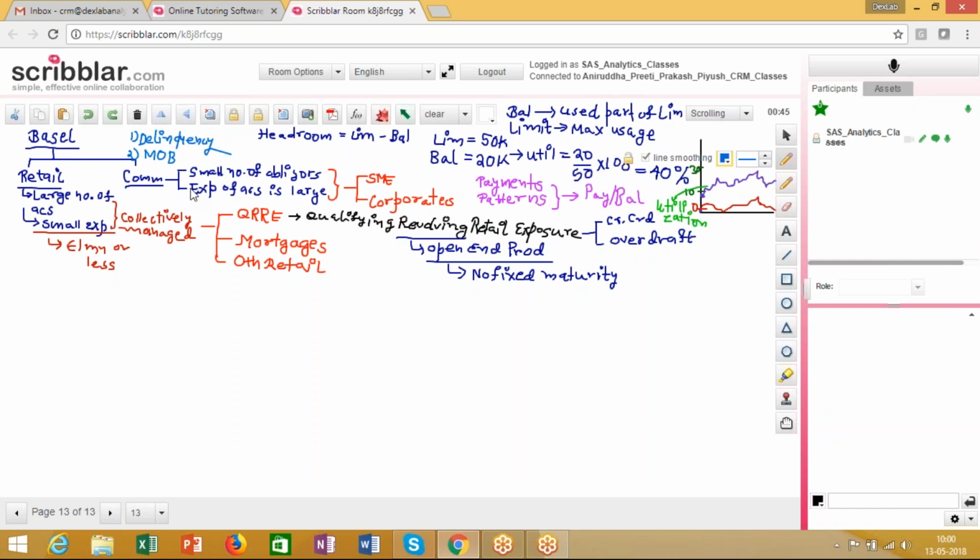So if I see that the payment balance ratio has been historically very less compared to the utilization ratio, then I can say that this guy is actually paying back much less than what he is actually utilizing, and therefore his willingness to pay back is less compared to a guy who is paying back a larger portion of the total outstanding balances.